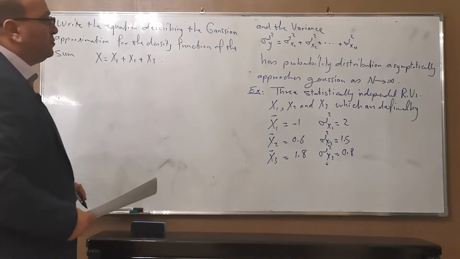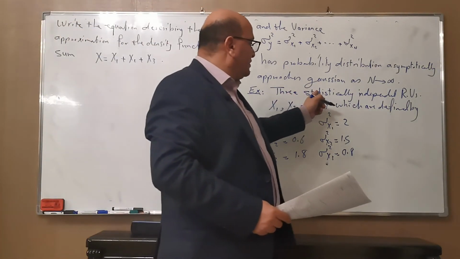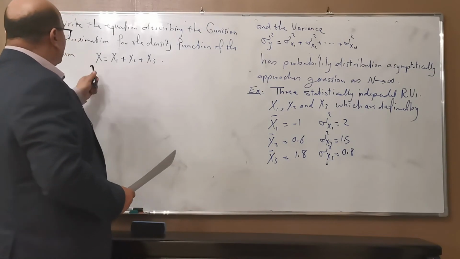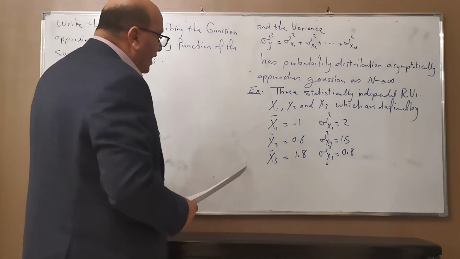Because they are statistically independent, the density of the summation is approximated by Gaussian.